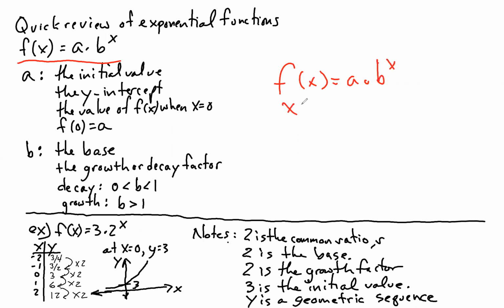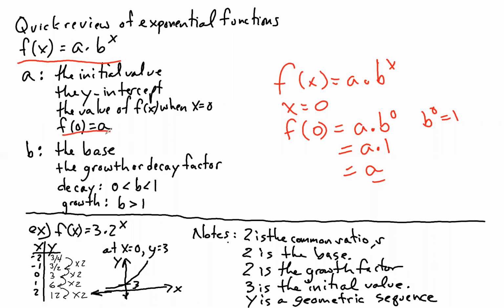And if x is equal to 0, we put in 0 everywhere we see x: a times b to the 0. But that's a times 1, because b to the 0 is equal to 1. And of course, that's a. So when x is 0, f of x is a. That's our y-intercept. F of 0 is equal to a.